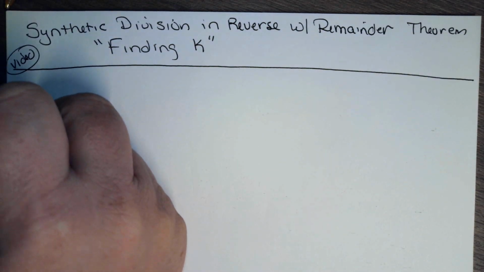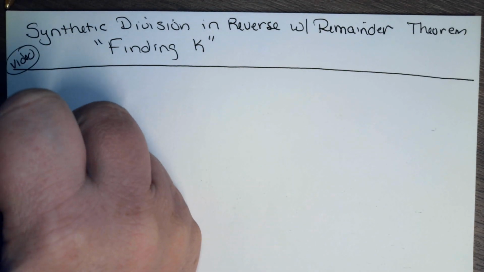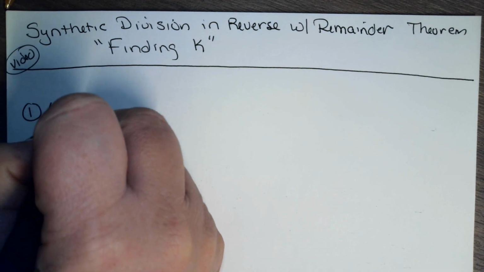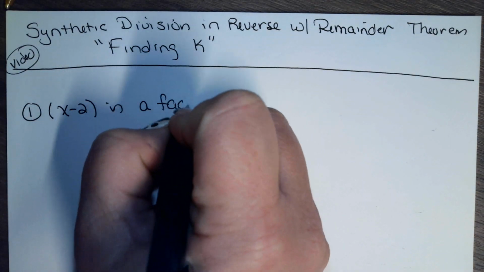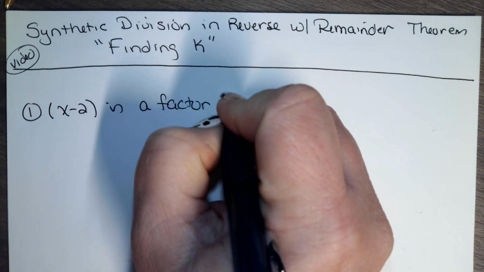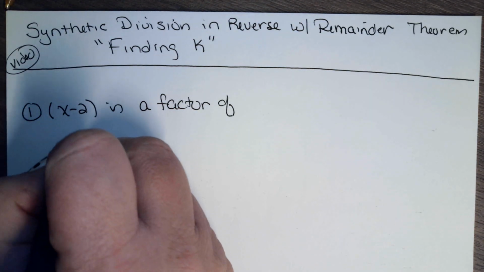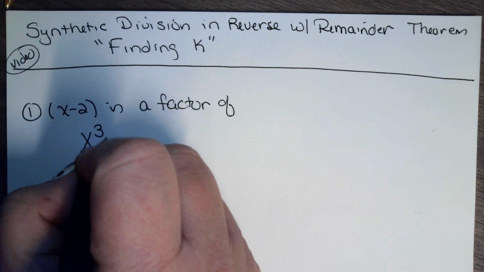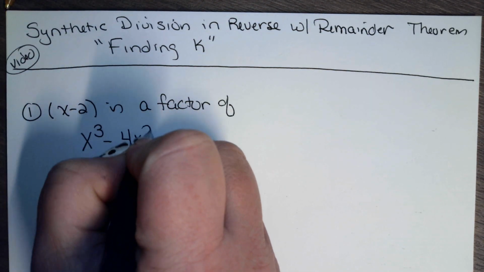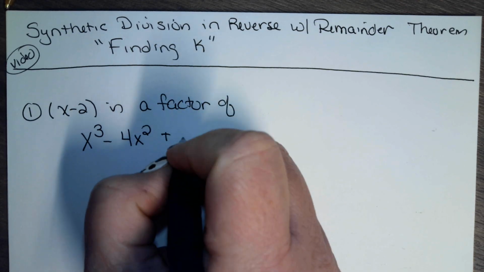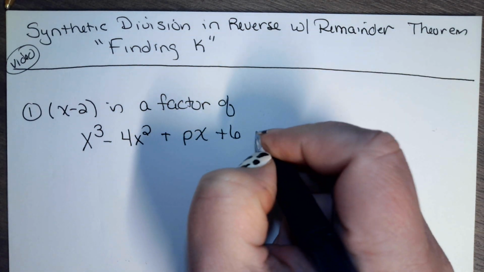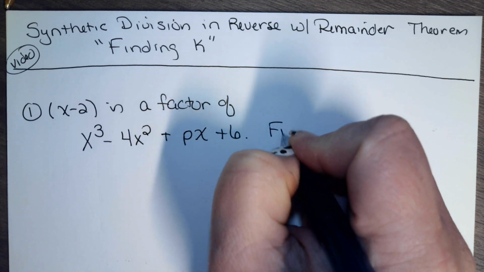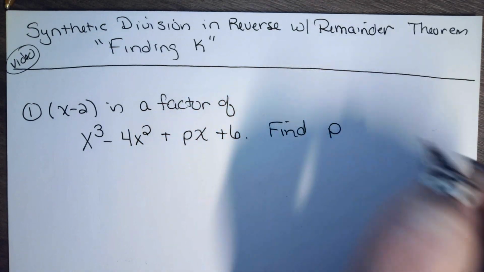Let's look at our first example. Here, x minus 2 is a factor of our polynomial x cubed minus 4x squared plus px plus 6, and they want us to find p.